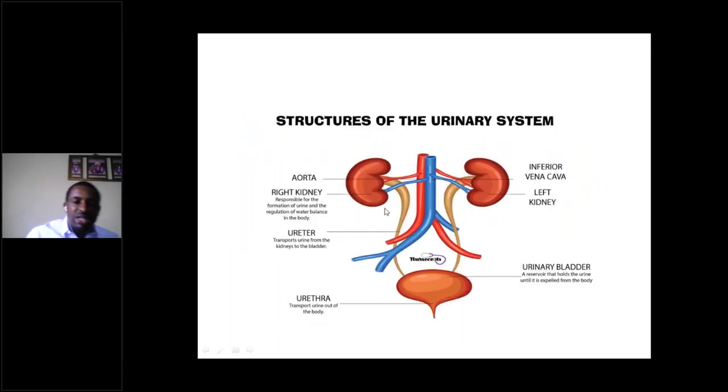So this is the structure of the urinary system, and you see the arteries and you see the veins. So you have the aorta, you have the right kidney. The major responsibility of the kidney is the formation of urine, and it also helps to regulate water balance in the body.